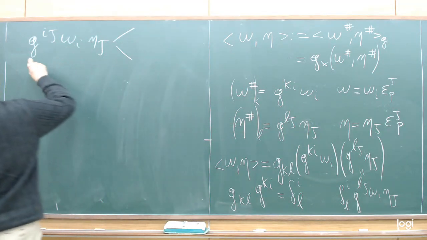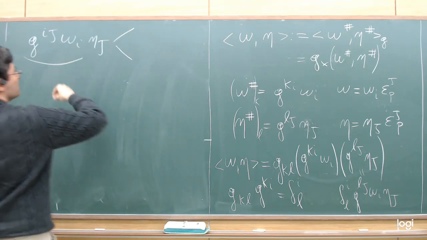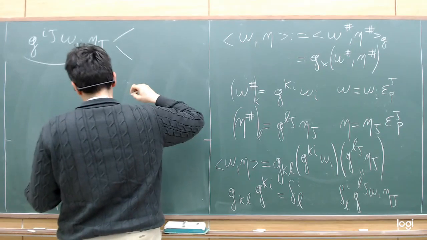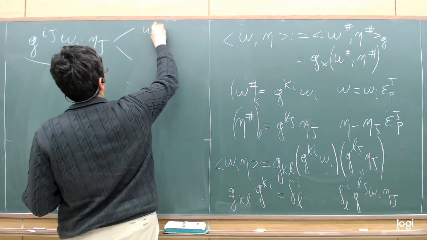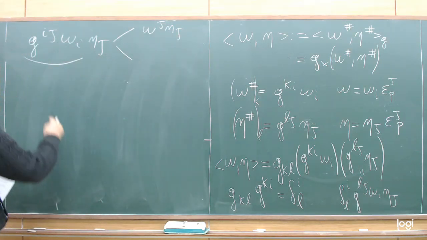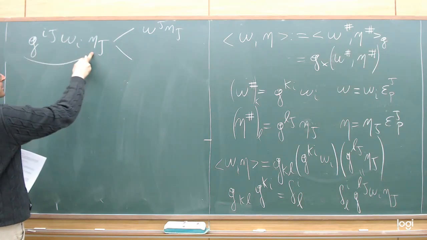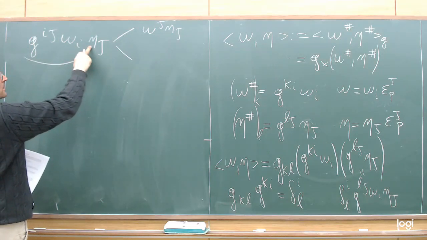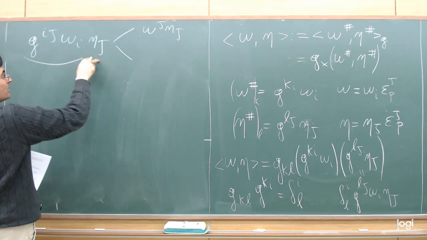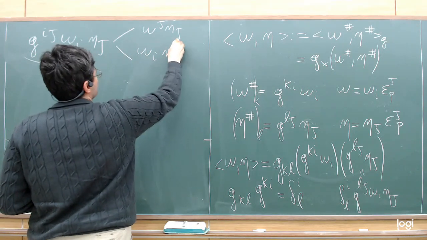So this means that you are raising an index, so you get omega j eta j, but you can also raise the index of eta j, and you can write this as omega i eta i.